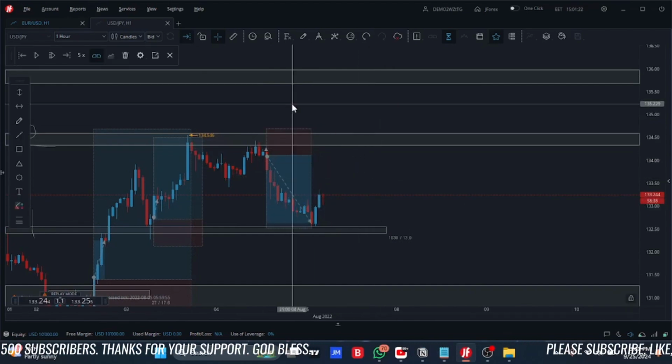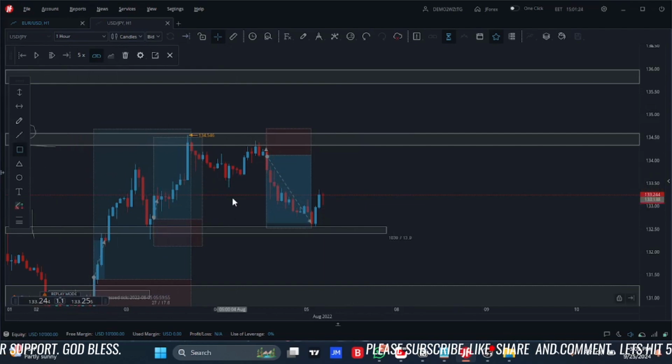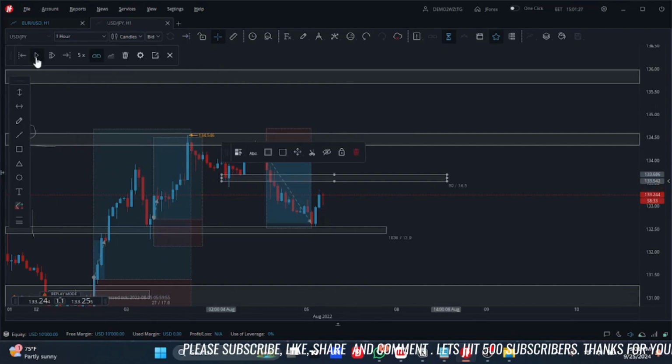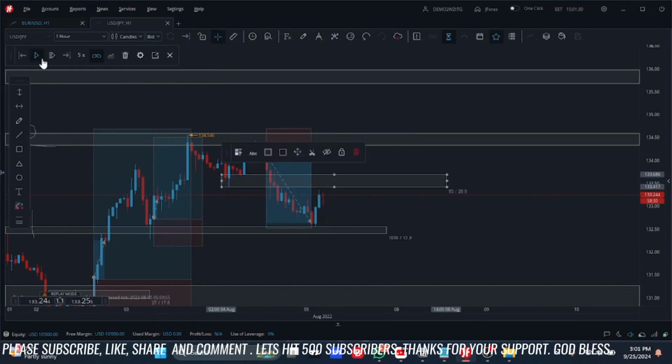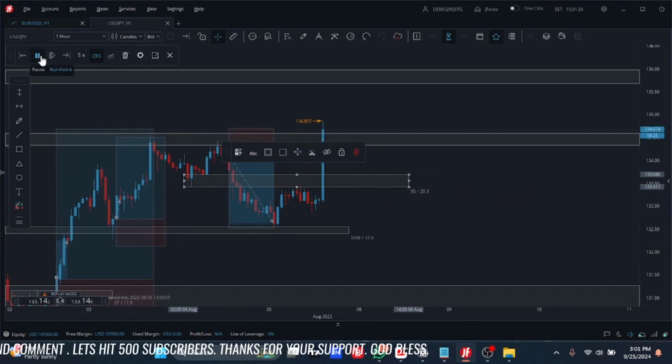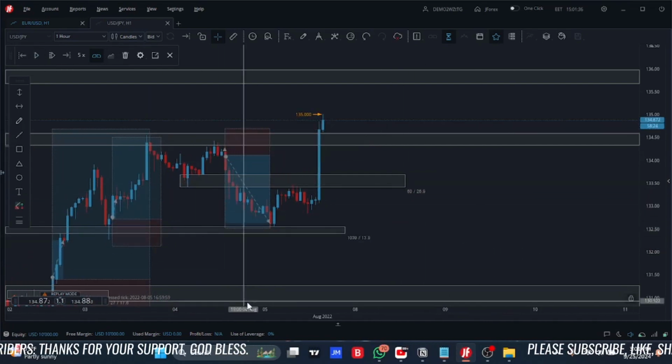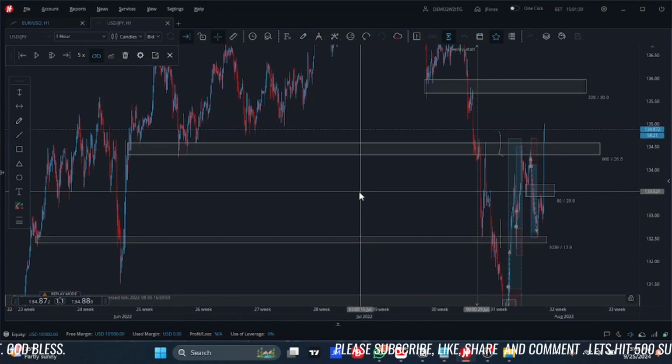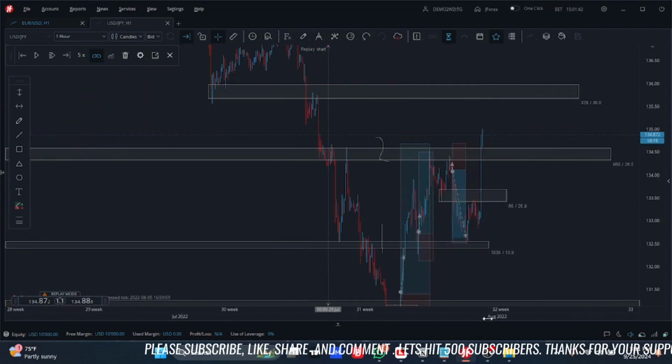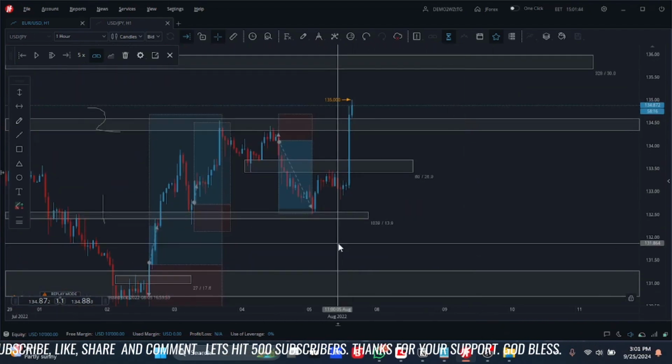Now let's see if the buyers will push the market from that zone which was initially retested. Okay, the buyers entered the market and pushed the market up. As you can see, we could have taken our buys from there.